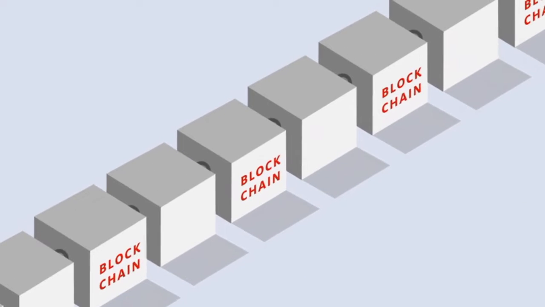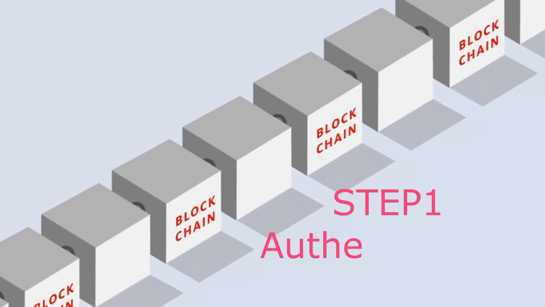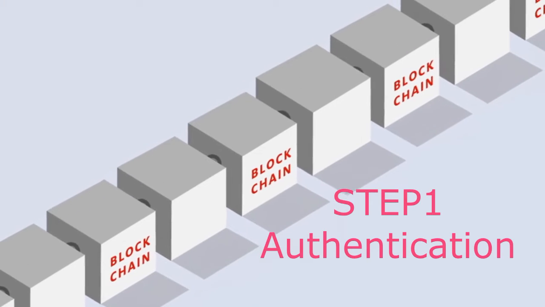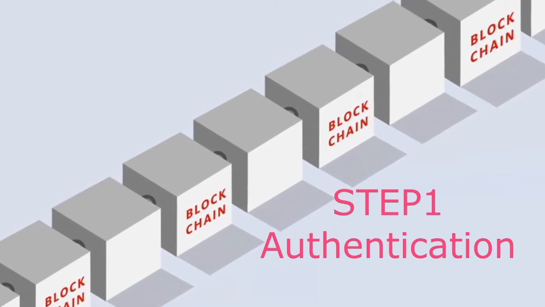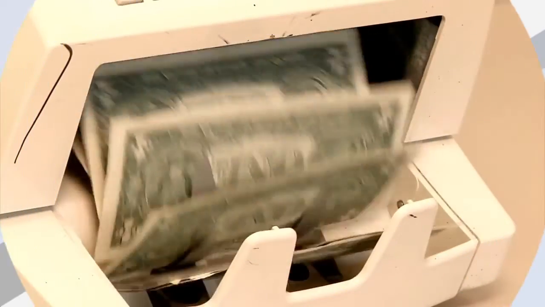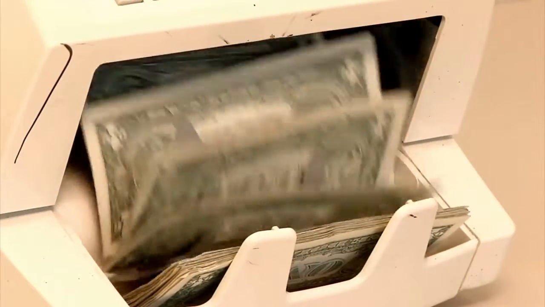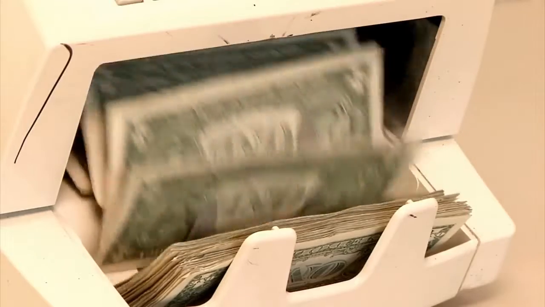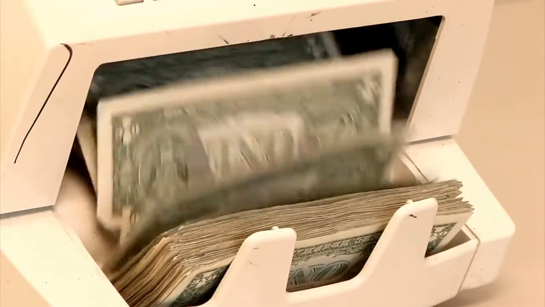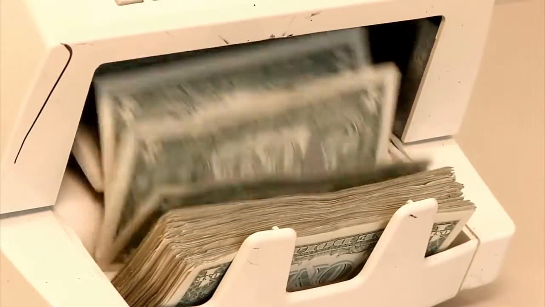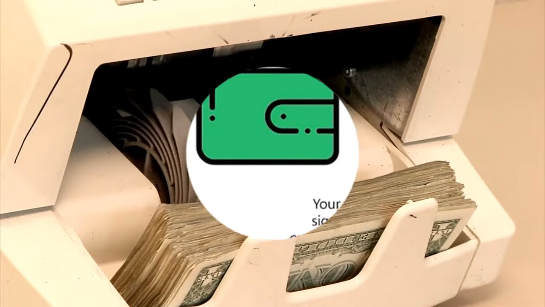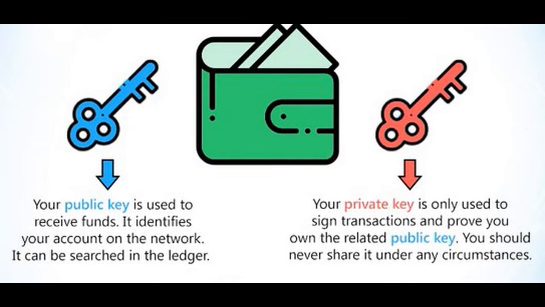The first step is authentication. The original blockchain was designed to operate without a central authority, that is, with no bank or regulator controlling who transacts. But transactions still have to be authenticated. This is done using cryptographic keys, a string of data like a password that identifies a user and gives access to their account or wallet of value on the system.